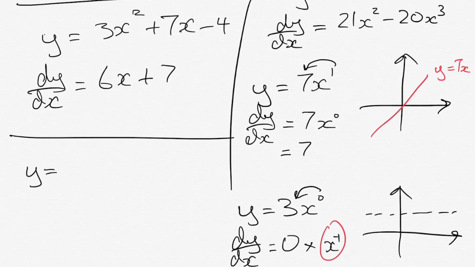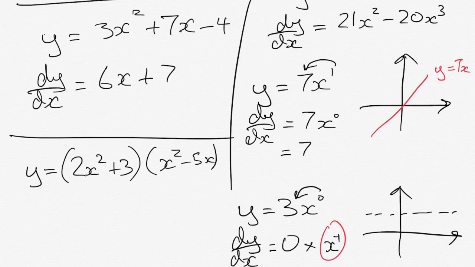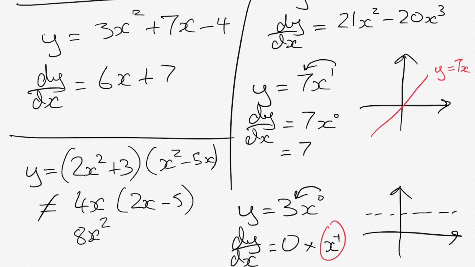If we've got something like y is equal to (2x squared plus 3)(x squared minus 5x), it's not going to work to say, I'm just going to find the derivative of this first one, which is 4x, and then the derivative of the second one, which is 2x minus 5, and then multiply them together and get an answer of 8x squared minus 20x. That is not going to be the correct derivative.